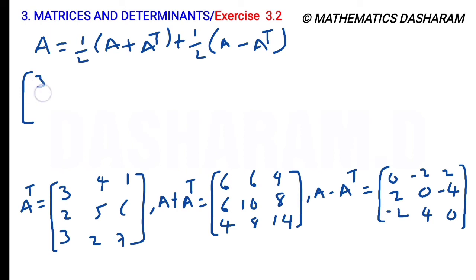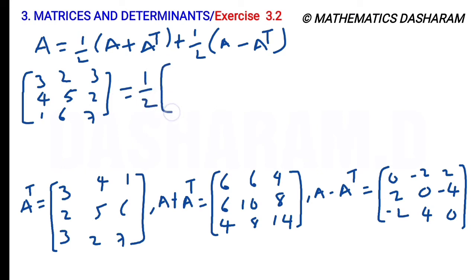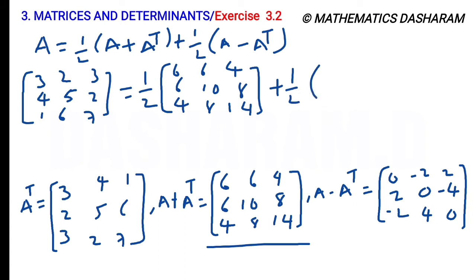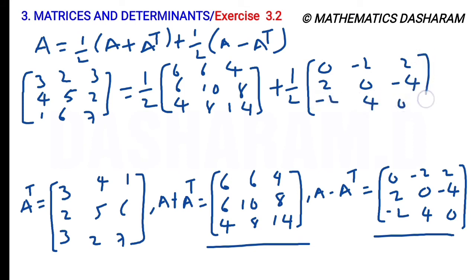So the given matrix 3, 4, 1, 2, 5, 6, 3, 2, 7 equals 1 by 2 into A plus A transpose, the answer is here 6, 6, 4, 6, 10, 8, 4, 8, 14, plus 1 by 2 into A minus A transpose. The A minus A transpose answer is here 0, minus 2, 2, 2, 0, minus 4, minus 2, 4, 0.